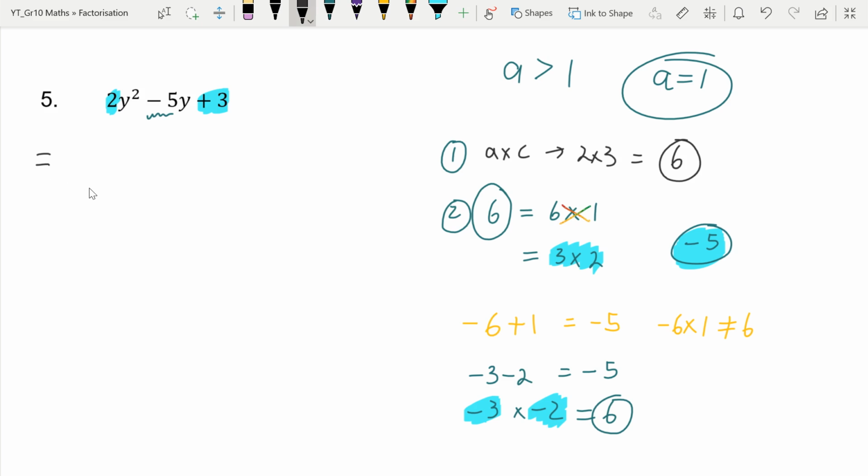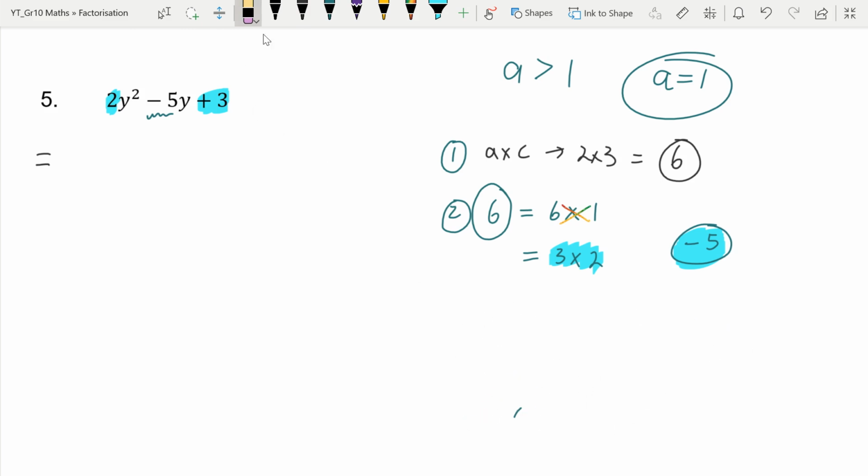The third thing that we need to do, let me create some space over there, is rewrite b, in this case -5, using the factors that we found in the second step. So bear with me.